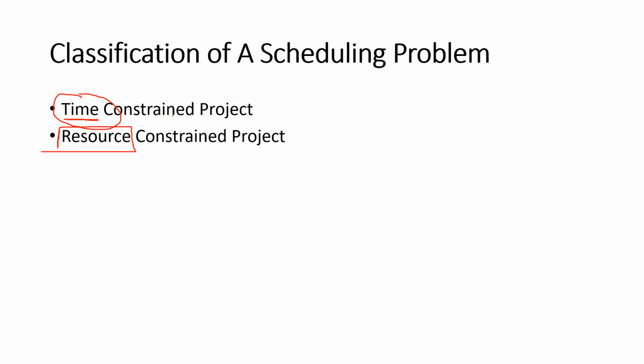So please make some notes. If the project is time constrained, the time is fixed and resources are flexible. If the project is resource constrained, the resources are fixed and cannot be changed, they are at a fixed level, and time is flexible, right? Is that okay?